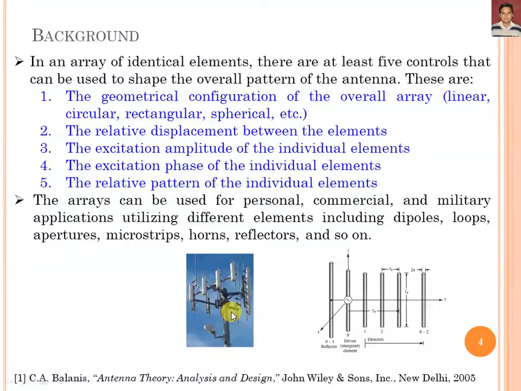So we can say to cover the angular sector of 120-degree, we require 4 elements, and to cover the 360 degree, in that case, 12 dipole elements are required.